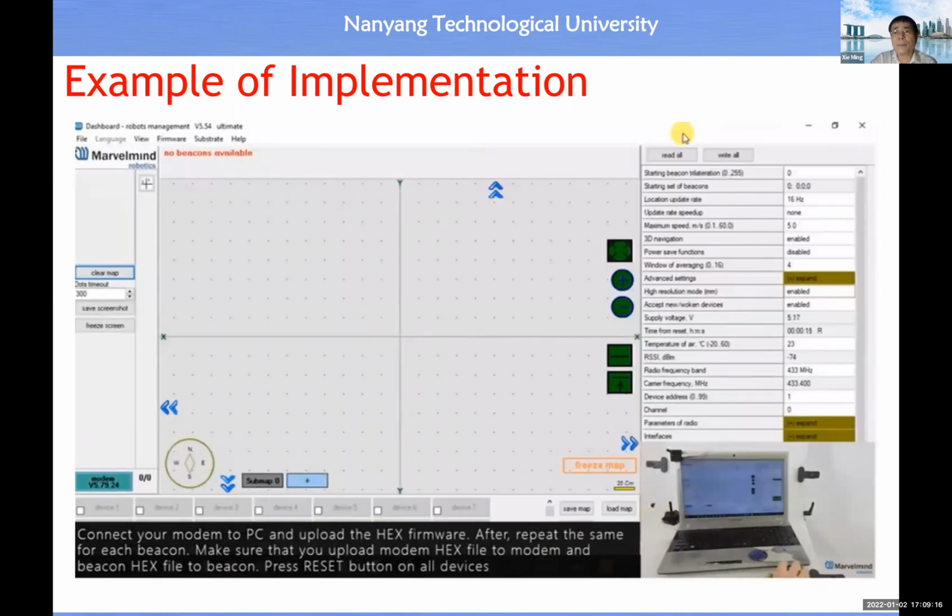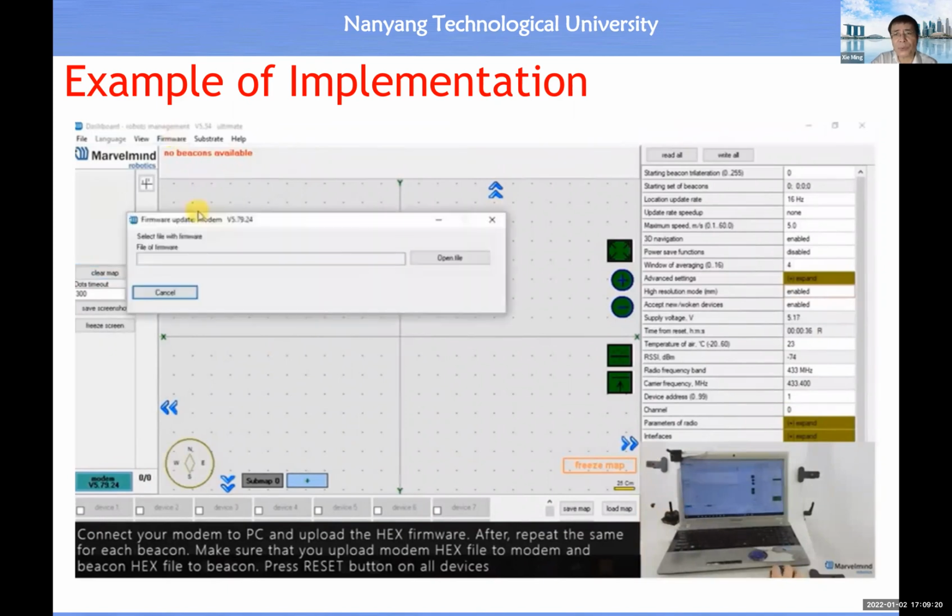So you will see the procedure about how to install the software, how to do the setup.